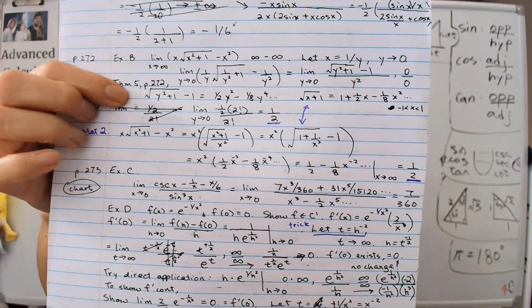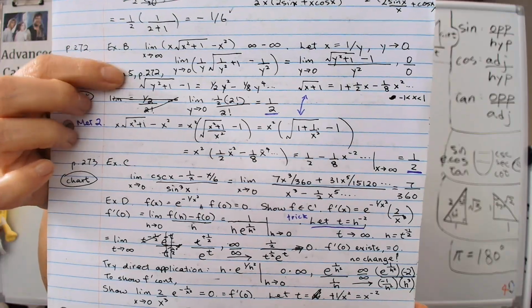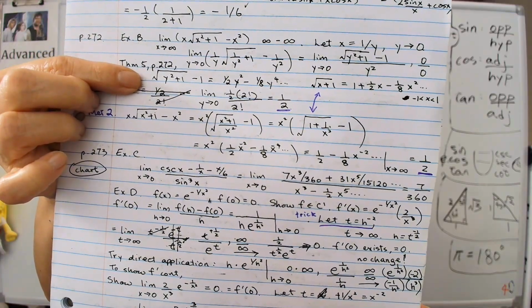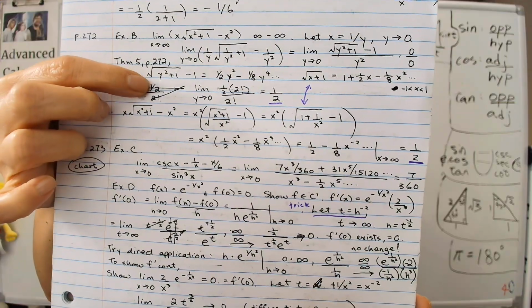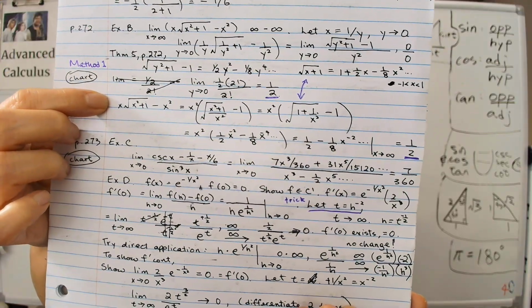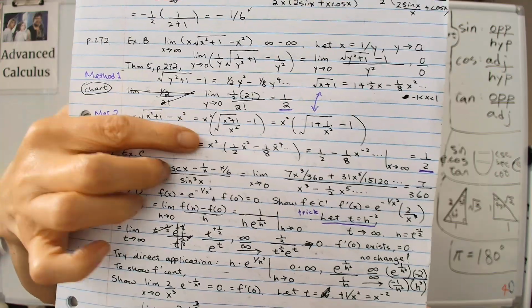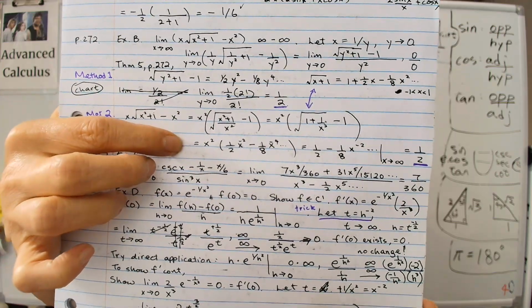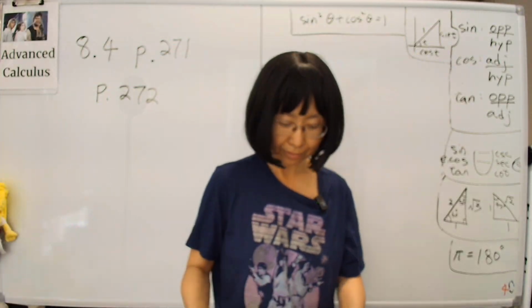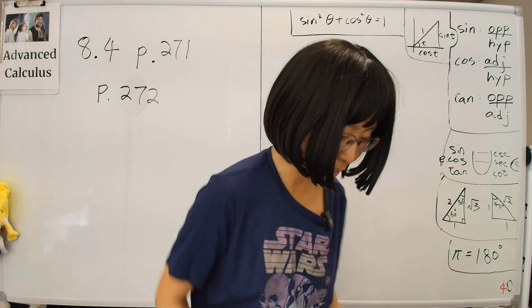After some algebra and the Taylor expansion, look up the Taylor expansion, then we come up with the answer equal to 1/2. Or we can even expand it in a somewhat different way, and come out with the same answer, of course. So either method is fine. So that is example B.